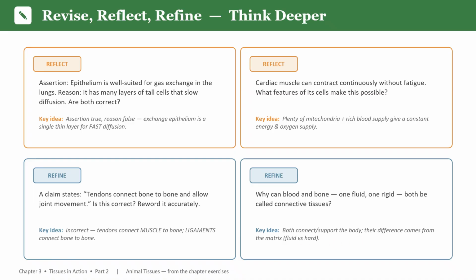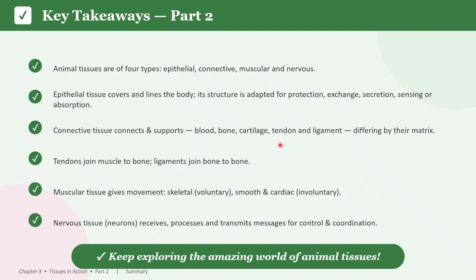Okay, so we have come to the conclusion. What we saw is that animal tissues are of four types: epithelial, connective, muscular, and nervous. Epithelial tissue covers and lines the body, performing protection, absorption, secretion, sensation, and exchange. Connective tissue supports and connects the body parts, and blood, bone, cartilage, tendons, and ligaments differ mainly because of their matrix.